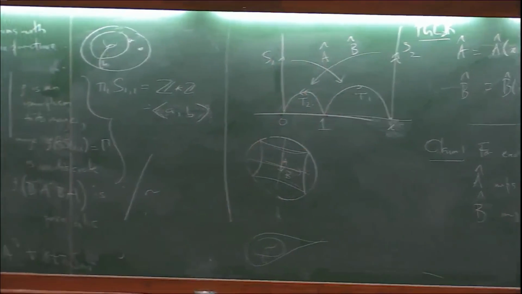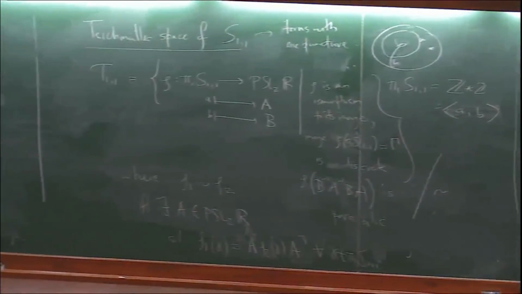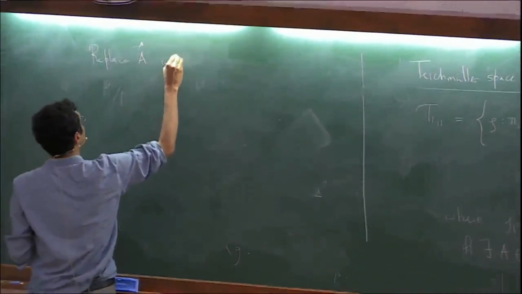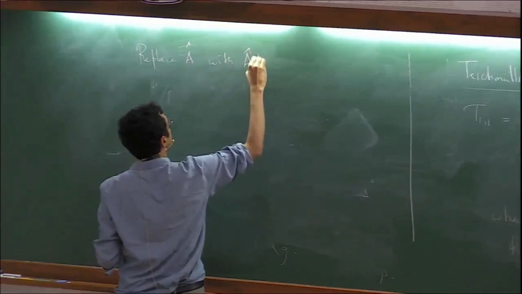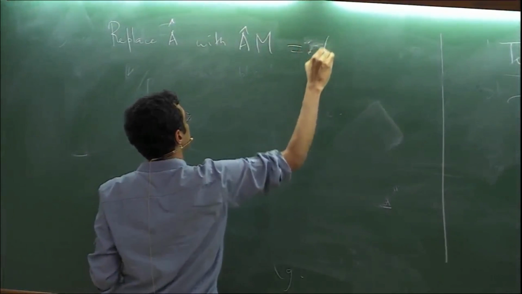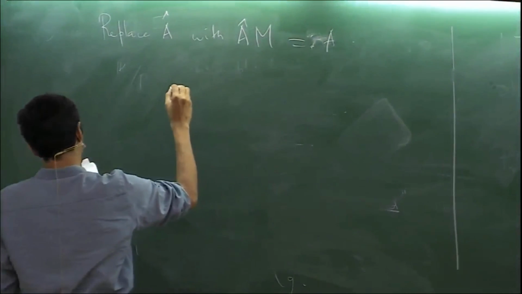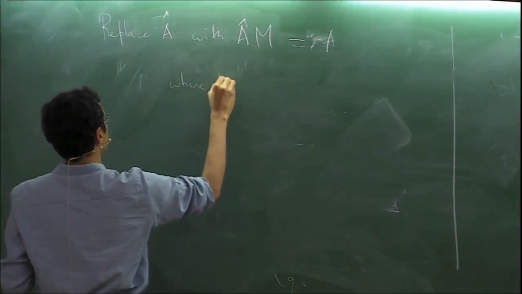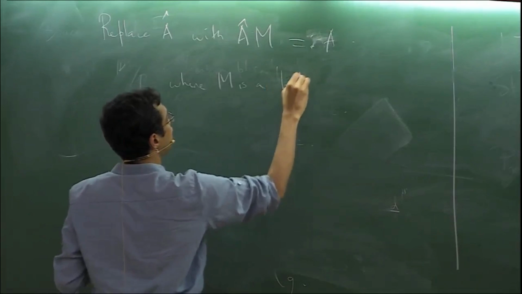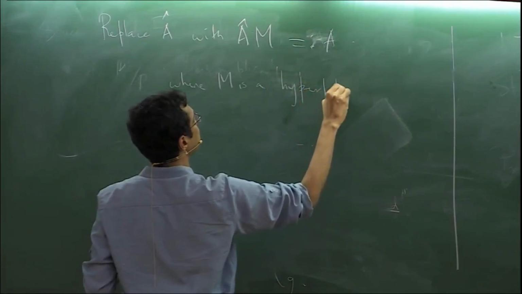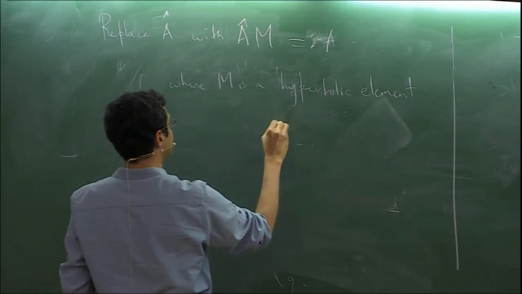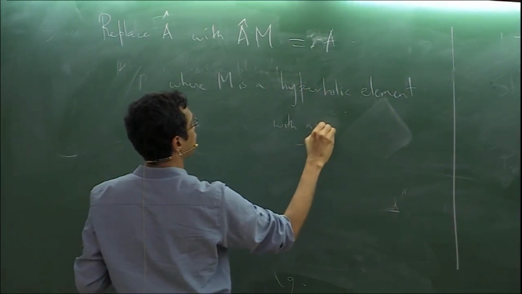So if you replace A hat with A hat times M, and that's what I'm going to call A, where M is a hyperbolic element of PSL2R with axis S1.